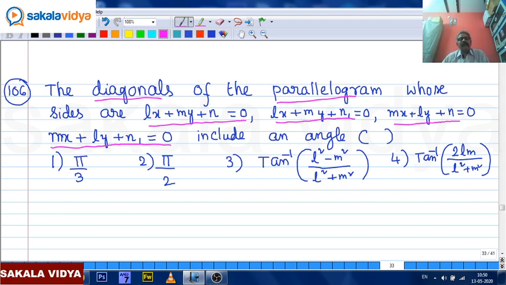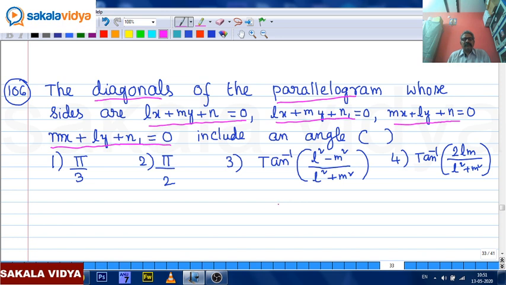What kind of quadrilateral is formed? Whether it is a rhombus, whether it is a square, depending on that the angle between the diagonals we can find out. So, we need to find out the angle between the diagonals of the parallelogram.